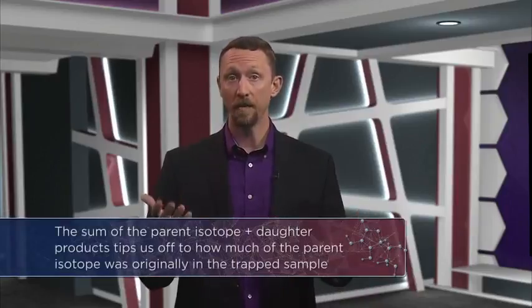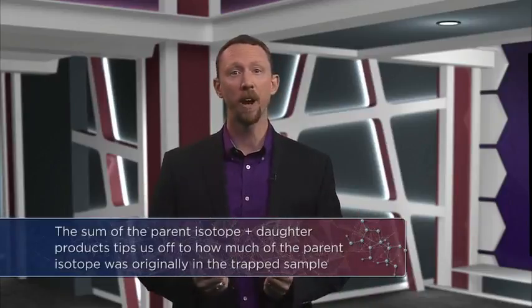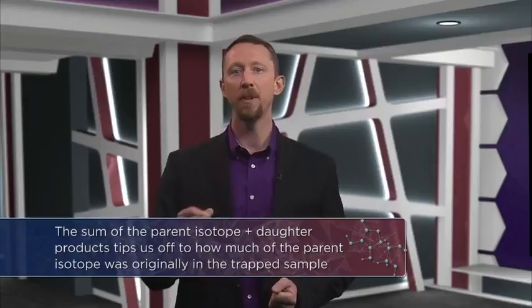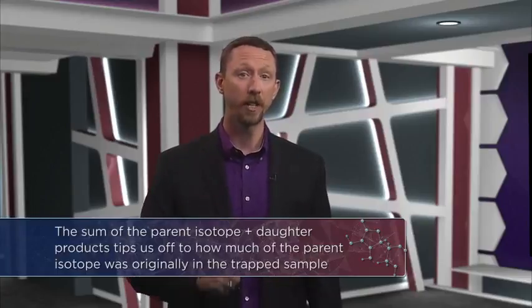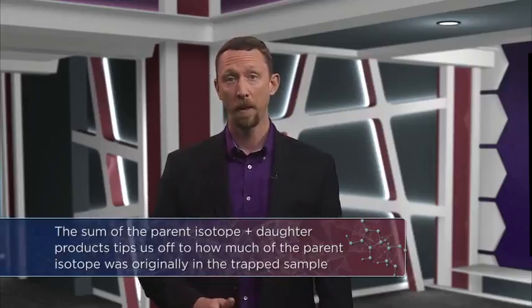The sum of the parent isotope plus the daughter products tips us off to how much of the parent isotope was originally in the trapped sample. Armed with this information, scientists can determine the original and final amounts of the parent isotope in their sample using the integrated first-order rate law or the first-order half-life equation.